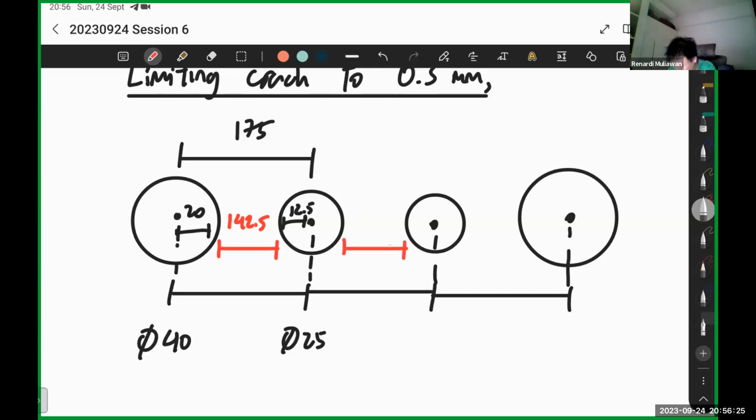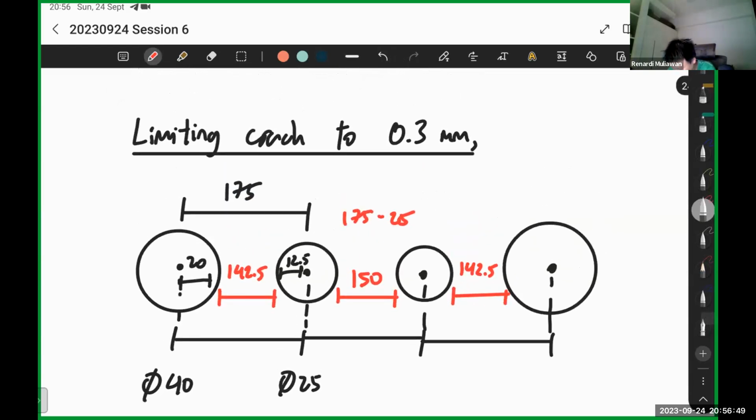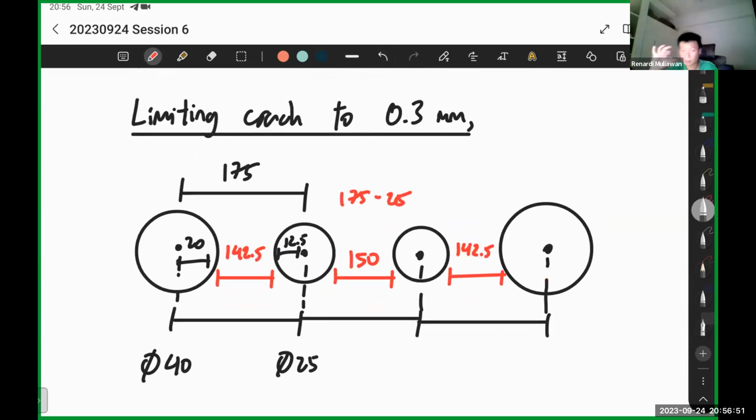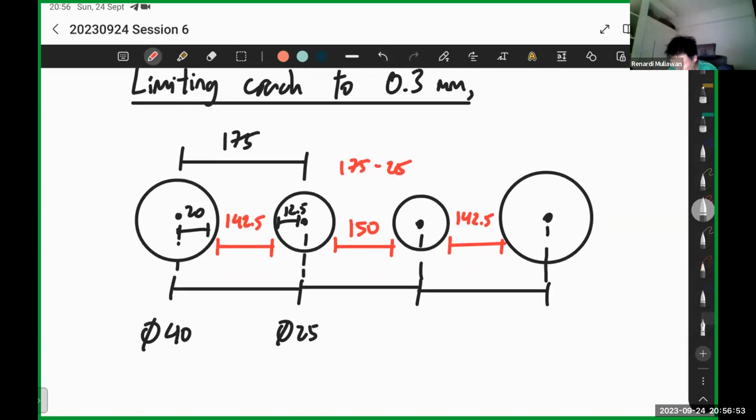Then for this one, it's 175 minus 25, because this one is half, so the whole thing is 25. So this is 150, and this is 142.5. What I'm doing here is taking the maximum bar spacing, which is 175, and spacing out the bars accordingly.